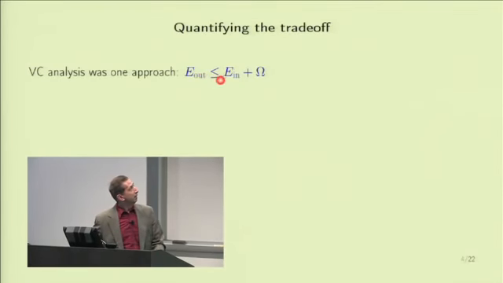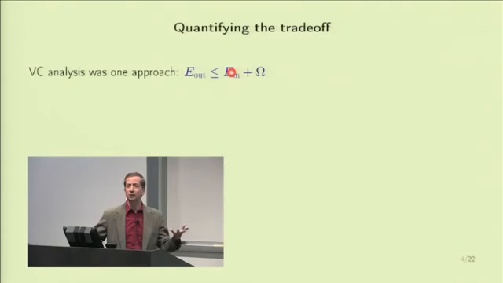E in is approximation, because I am actually trying to fit the target function. I'm just fitting it on the sample. That's the restriction here. So if I get this well, then I'm approximating F well, at least on some points. This other term is purely generalization. The question is, how do you generalize from in sample to out of sample? So this is a way of quantifying it.